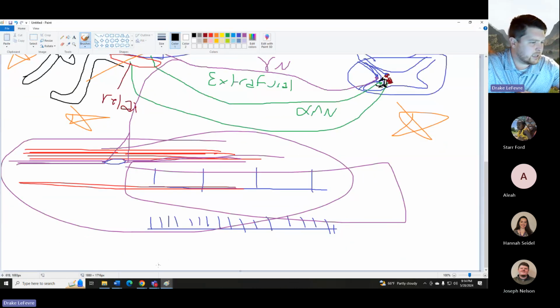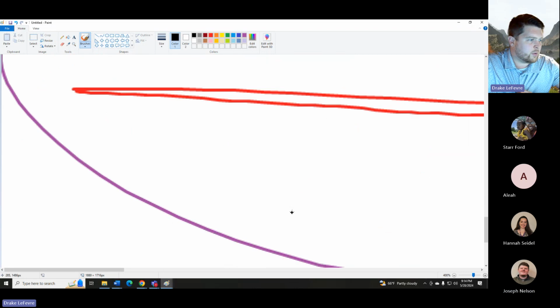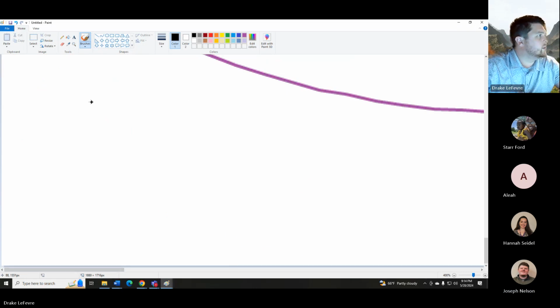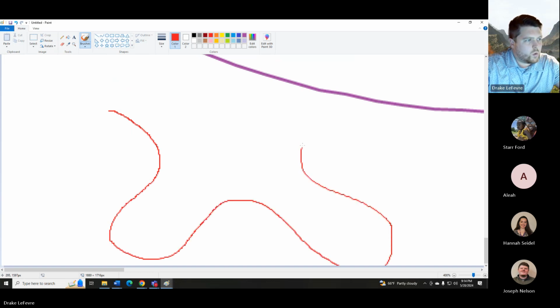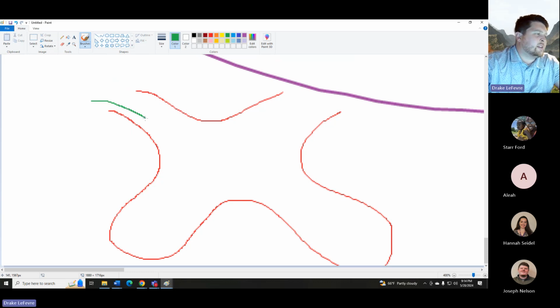Technically, if we want to get really technical, here's our horn, and that sensory neuron comes in. Like I said, we're looking at the super basic version of this whole process.